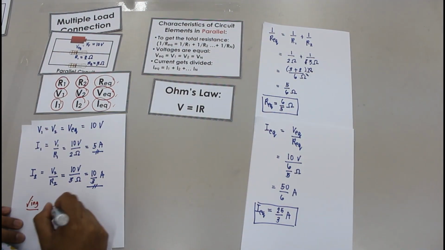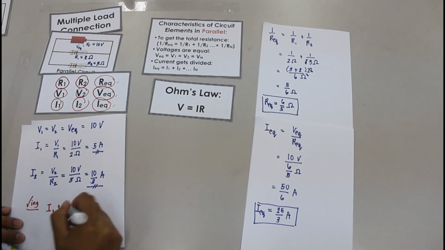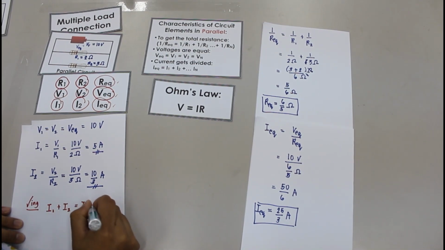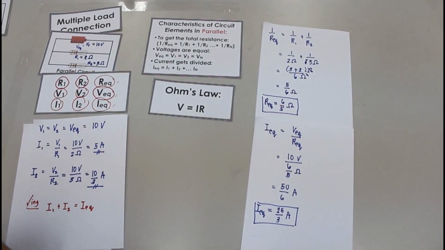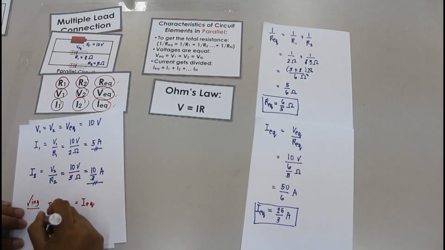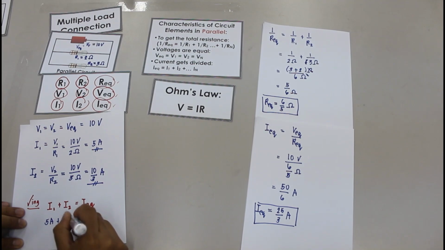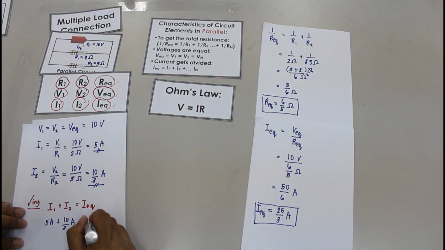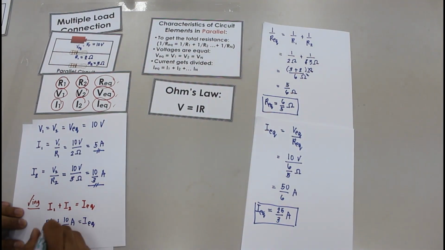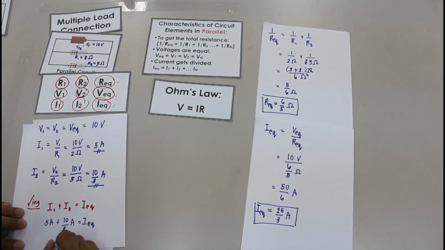We check if I1 plus I2 will give us our I equivalent. We substitute the values here. That's 5 amperes plus 10 over 3 amperes is I equivalent. And this gives us a value of 25 over 3 amperes.